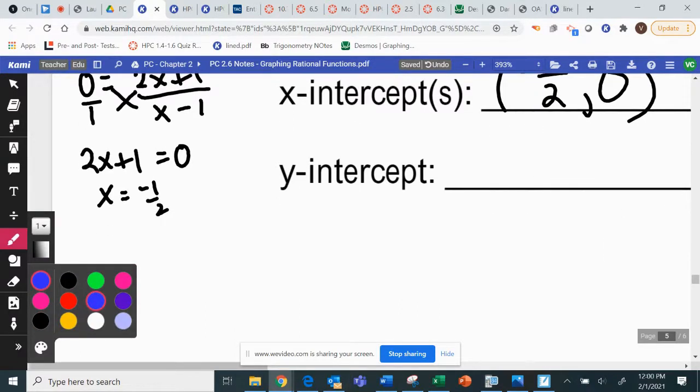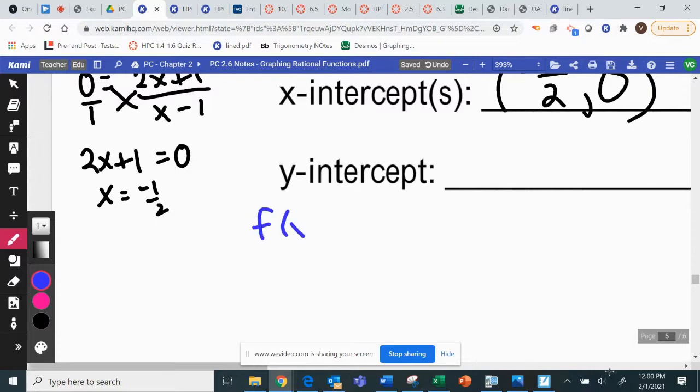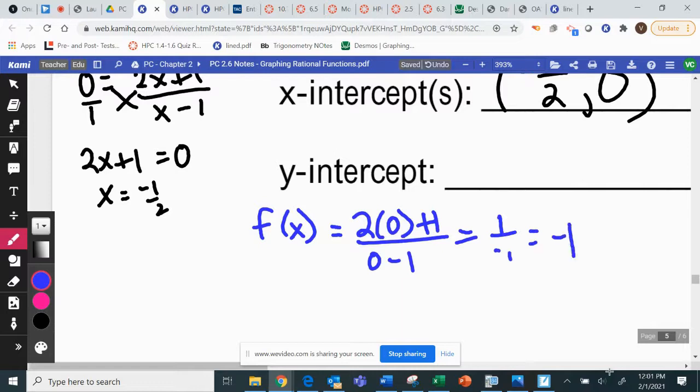For the y-intercept, we plug in 0 for x. So we do 2 times 0 plus 1 over 0 minus 1, and we simplify that. And I get negative 1 for my y-intercept.